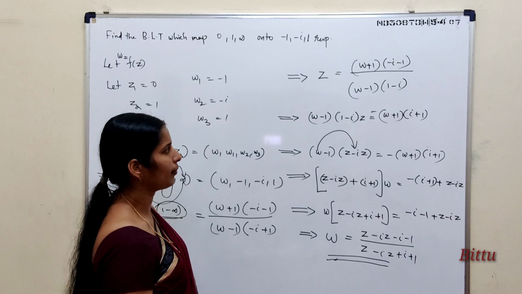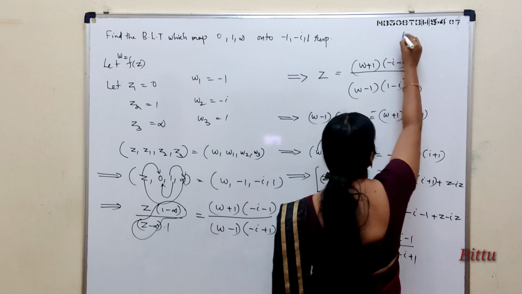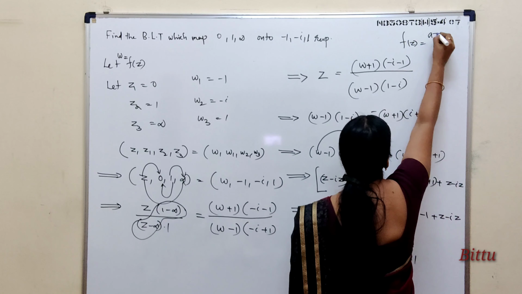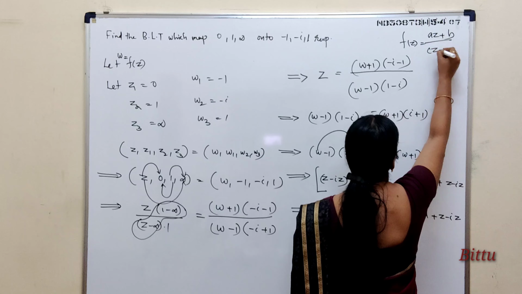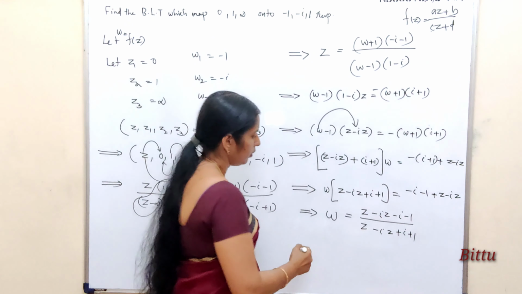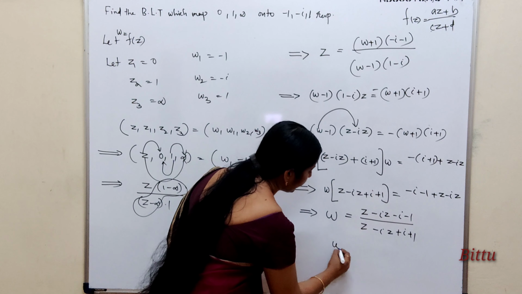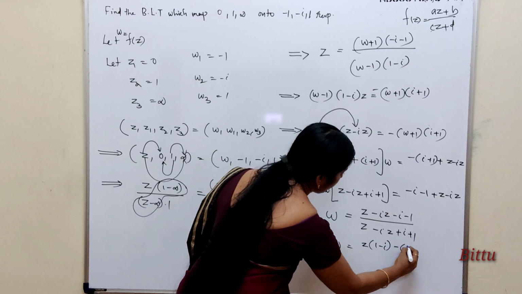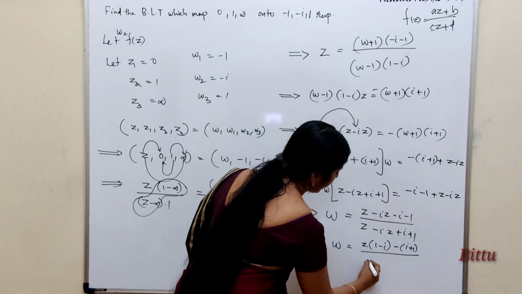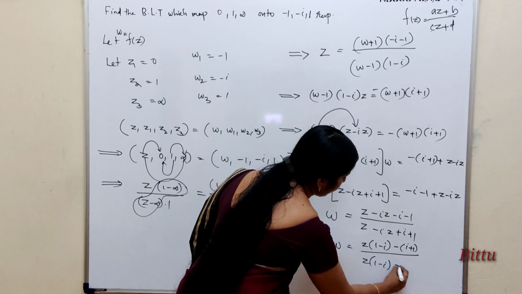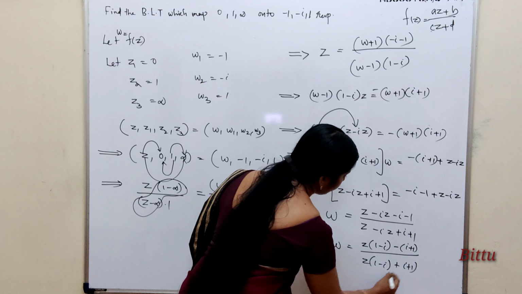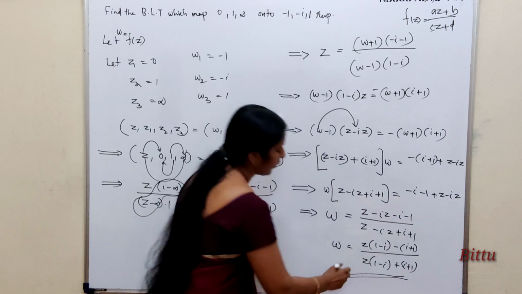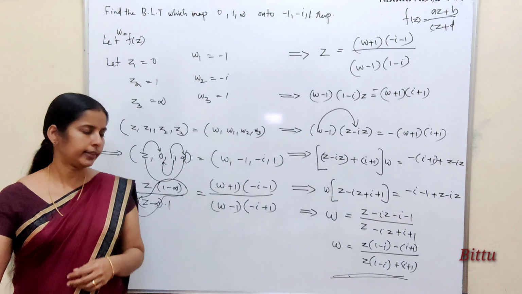See the general form of the bilinear transformation is f(z) equal to az plus b by cz plus d. So omega can be written as omega equal to z into 1 minus i minus of i plus 1 divided by z into 1 minus i plus i plus 1. Not necessary for writing like this.